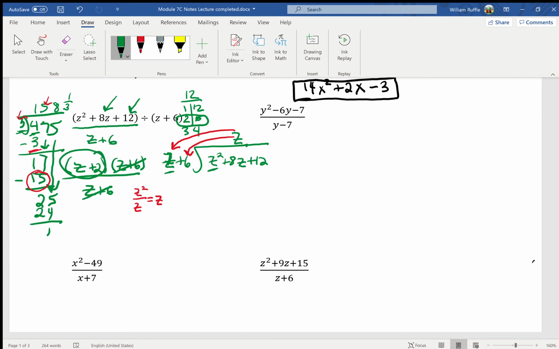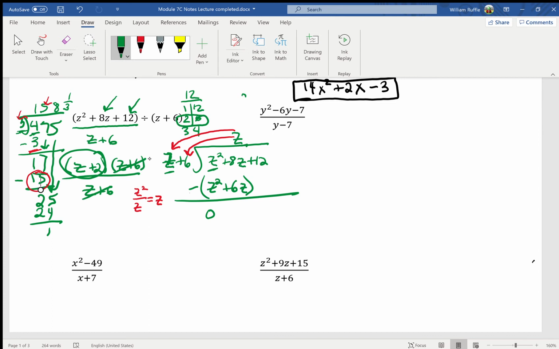So now when I multiply, I can do z times z, which is z squared. z times 6 is plus 6z. And remember, I have to subtract both of these. I'm subtracting. Now z squared minus z squared is gone. That's 0. Now I have to do 8z minus 6z.